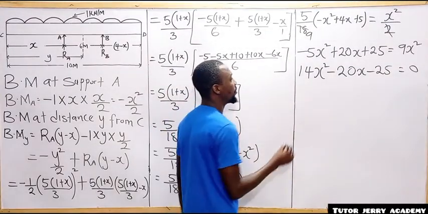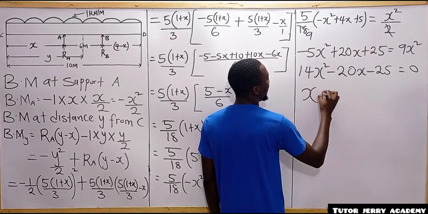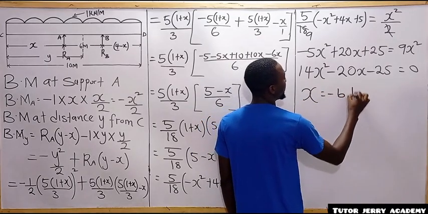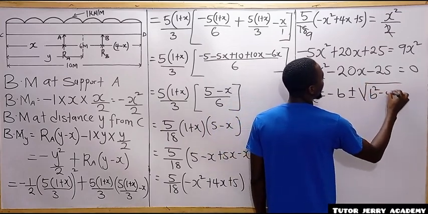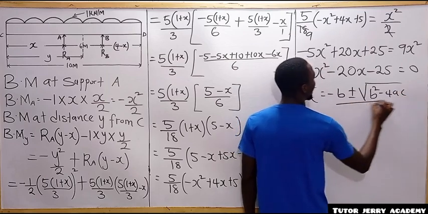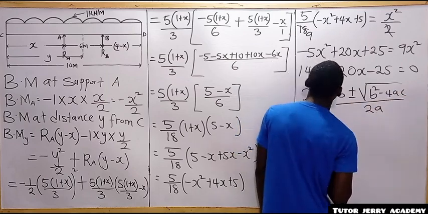All right, so you are going to recall from the quadratic formula that S is equal to minus B plus or minus the square root of B squared minus 4AC all over 2A.